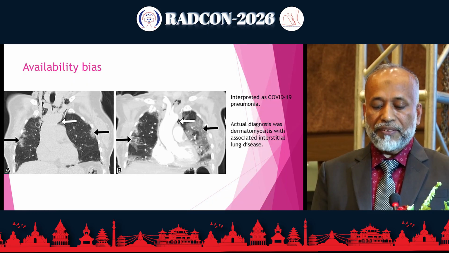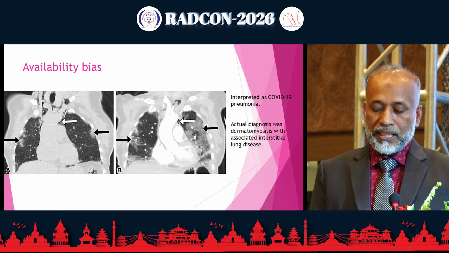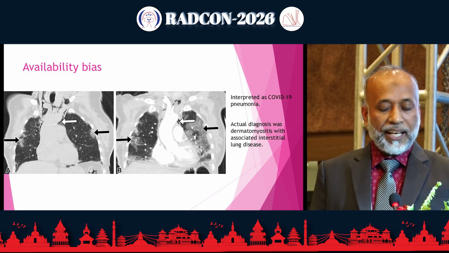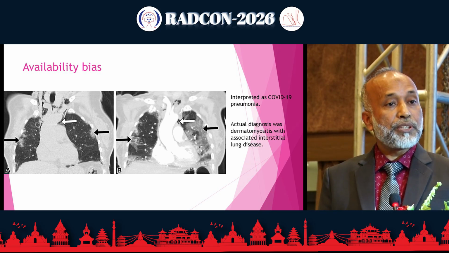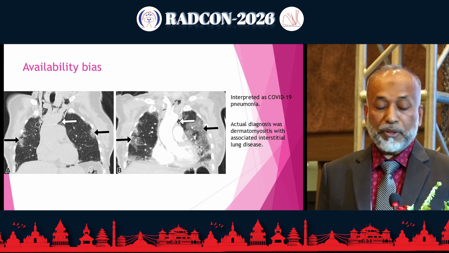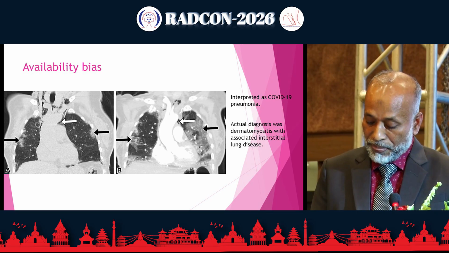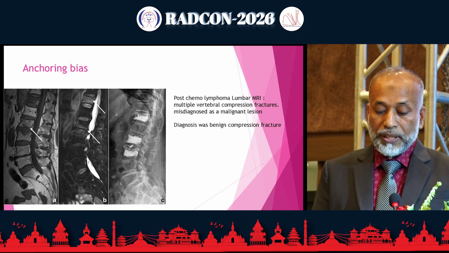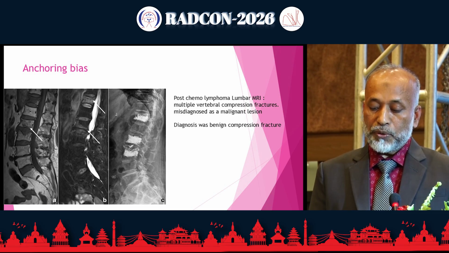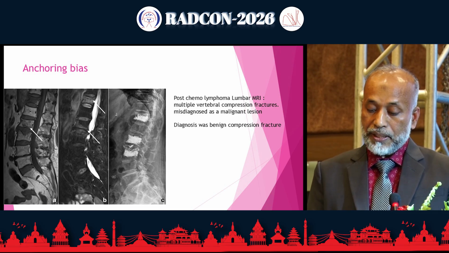These are examples of availability bias. In the COVID era, some radiologists would definitely interpret a case as COVID pneumonia, but actually it was dermatomyositis-associated pneumonia. For anchoring bias, a patient has a given history of multiple myeloma with chemotherapy.